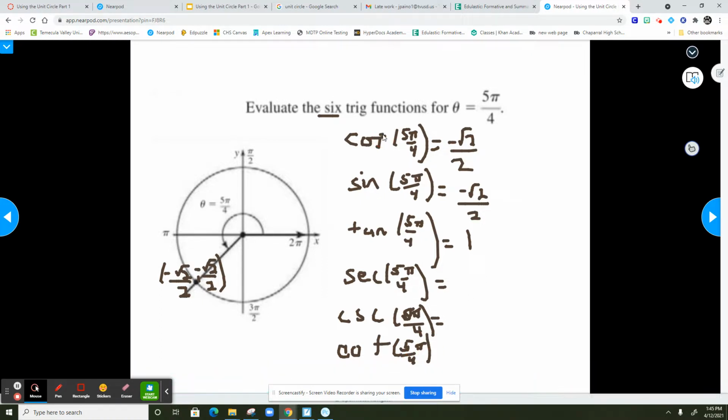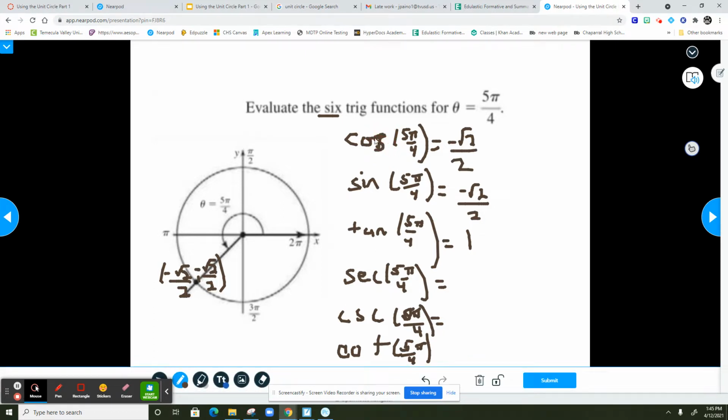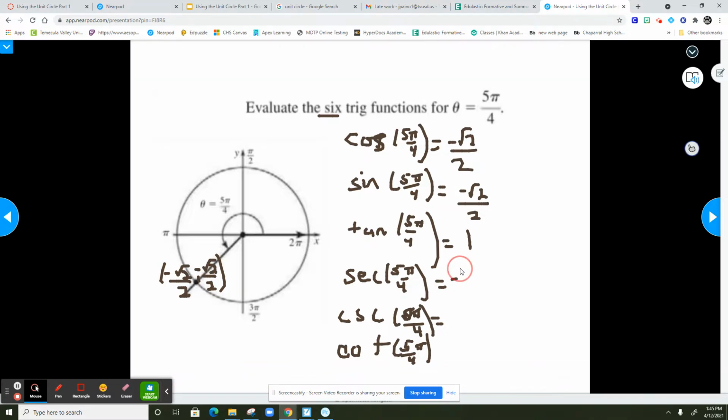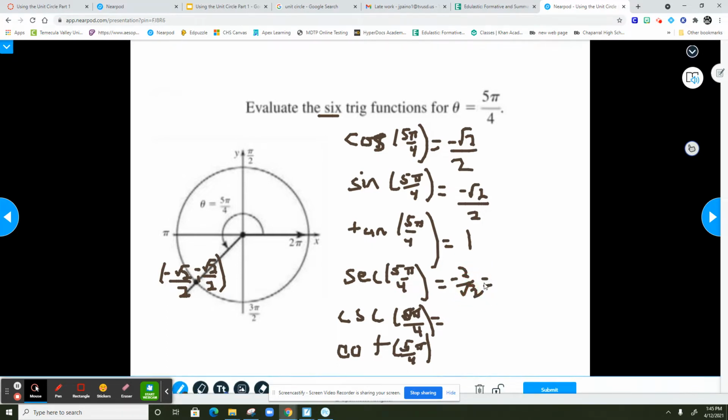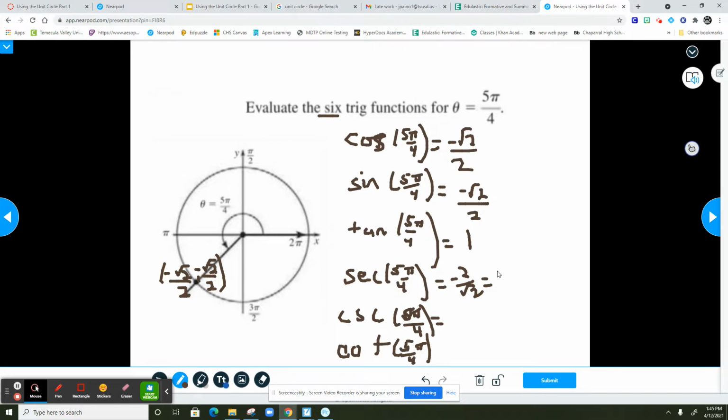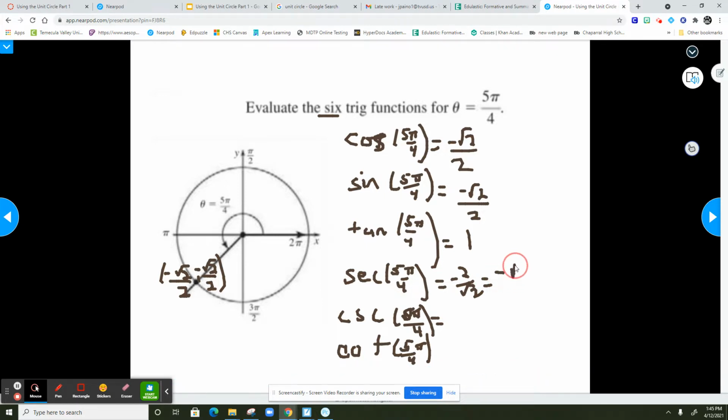That's a cosine right there. Okay, so secant is the reciprocal of cosine. So you take that and you flip it. But again, got a radical on the bottom, so I got to rationalize it. And when I rationalize this, I'm going to end up with negative rad 2.